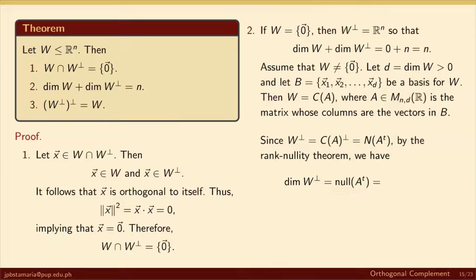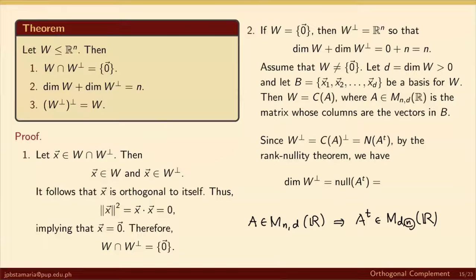But by the rank nullity theorem, now remember, what is the size of A? M by D. Which means A transpose has to be D by N. So the number of columns of A transpose is N. So the rank and nullity split at N.